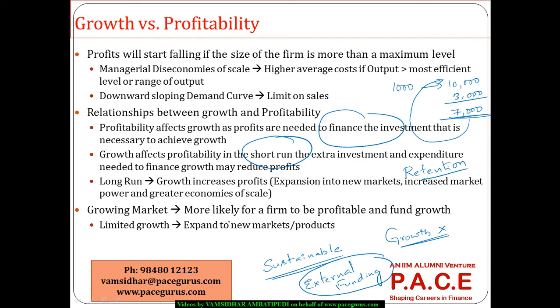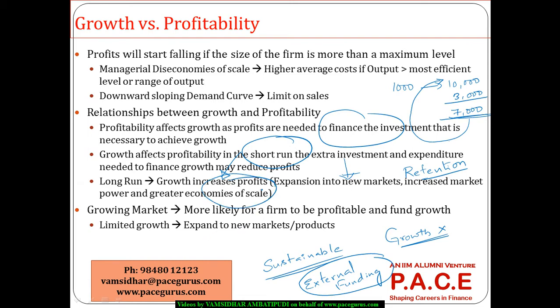Whereas in the long run, all that I have invested starts yielding fruit, which will result in higher profits in the long run, because that entire capital I can use for expansion purposes. I can produce more and more products and increase the economies of scale.